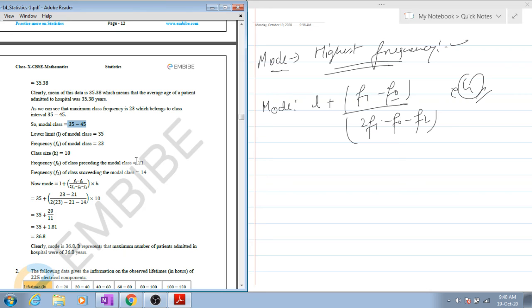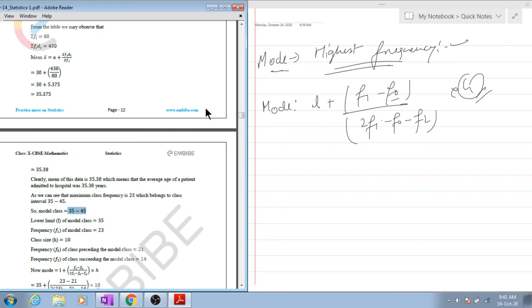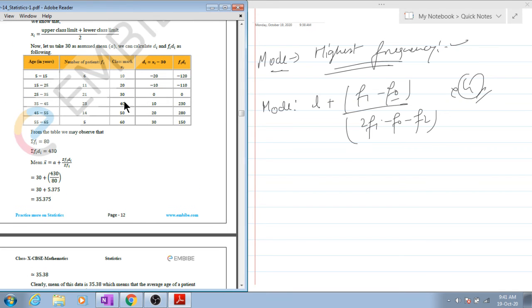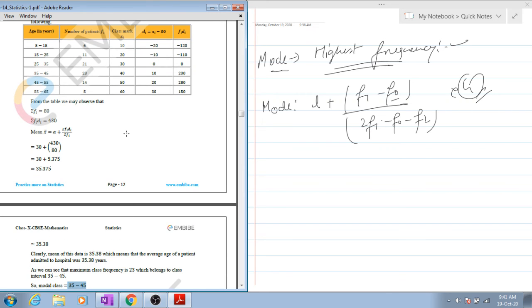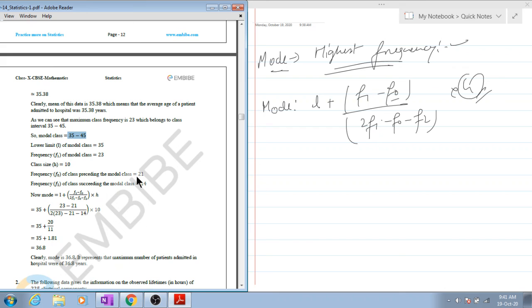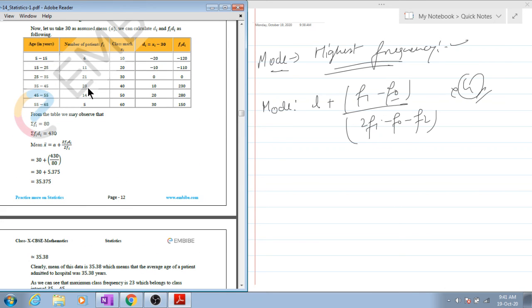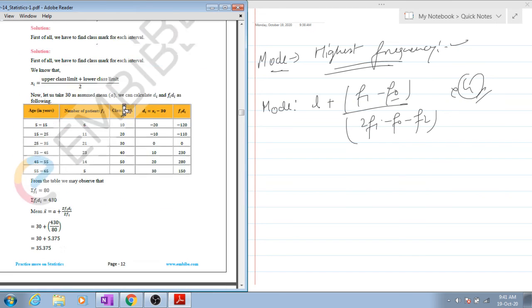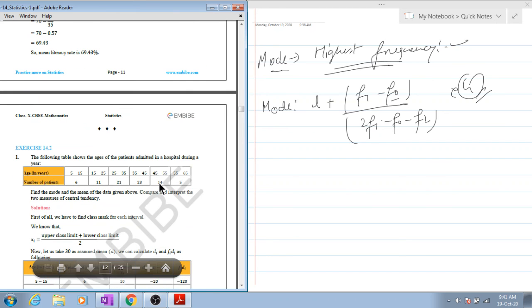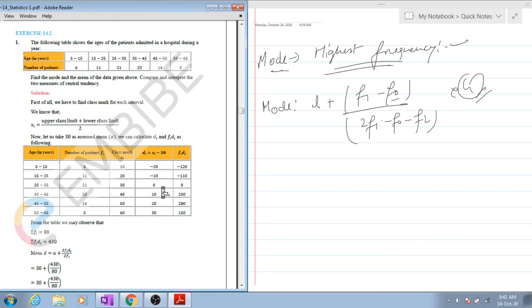The frequency of the class preceding the modal class is 21 and the frequency of the class succeeding the modal class is 14. They have made a mistake, this is given as 14.